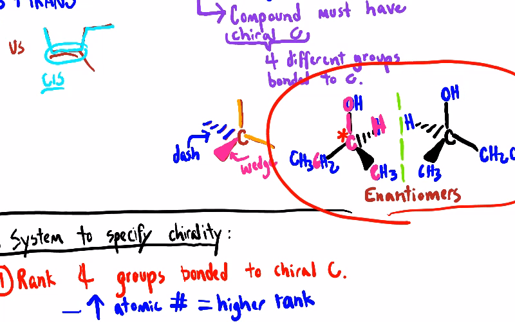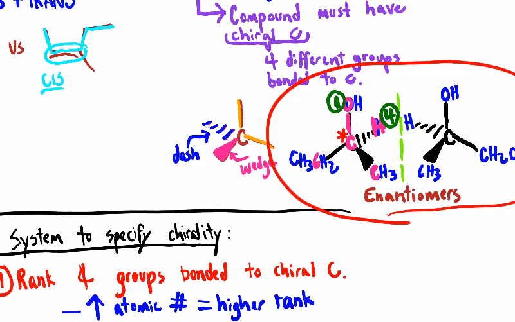I'm going to rank my oxygen as atom number 1. It's the highest ranking because it has the highest atomic number of the atoms bonded to the chiral carbon. Then hydrogen certainly has a lower atomic number than either carbon or oxygen, so I'm going to rank it as number 4. We're ranking the groups 1 through 4, where 4 is the lowest atomic number atom, and 1 is the highest.